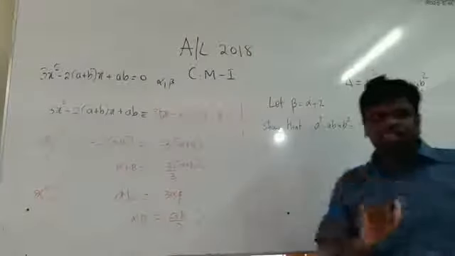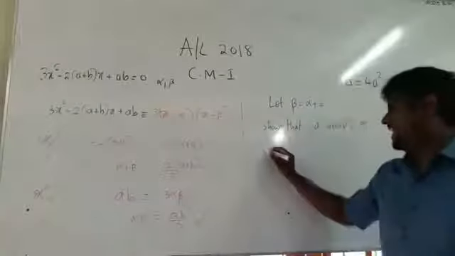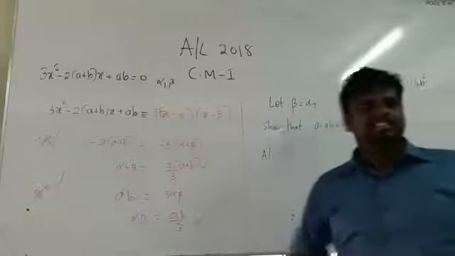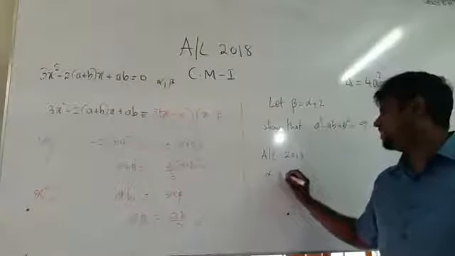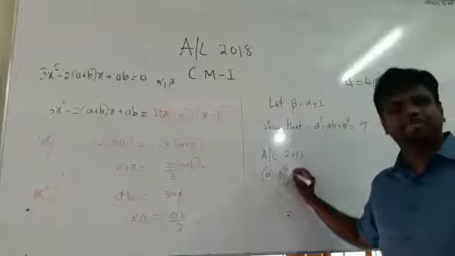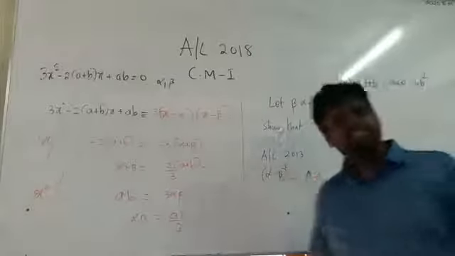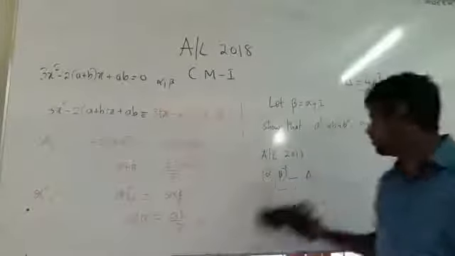But we have to think about this, because you have gone through several past papers. In A level 2013, there was something related to alpha minus beta whole thing squared. I also said how you can relate alpha minus beta whole thing squared to delta.